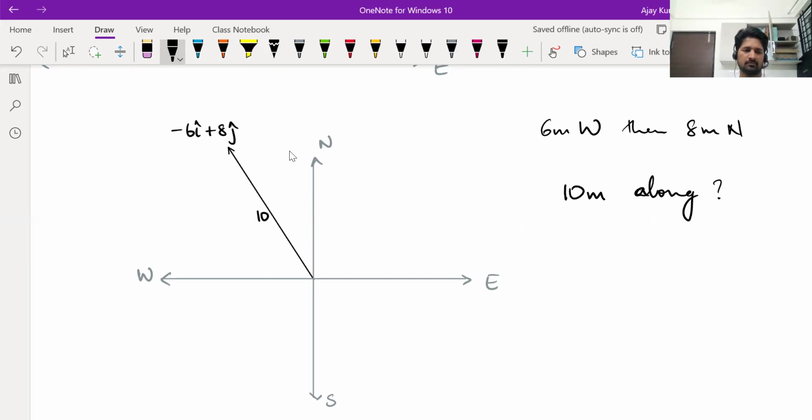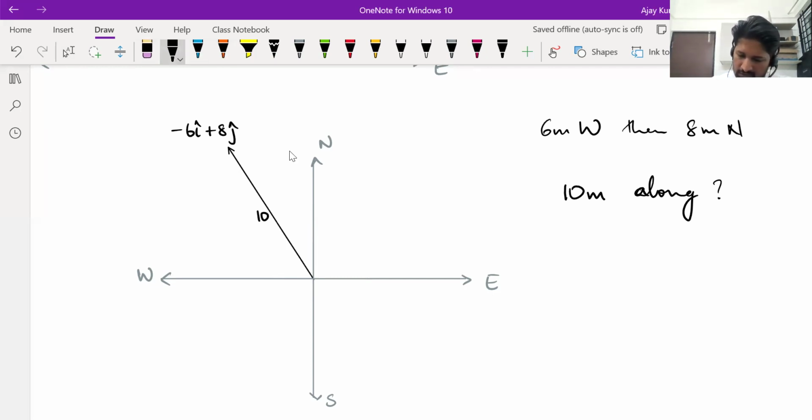Sir, we can find tan theta. You can find out the angle it makes. Good, correct. So that's the way to do it. You can either find out the angle it makes with the northward direction, or the angle it makes with the westward direction, and tell that angle. To tell that angle, you should first visualize the components.